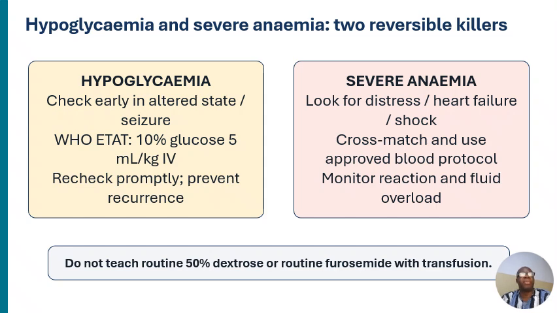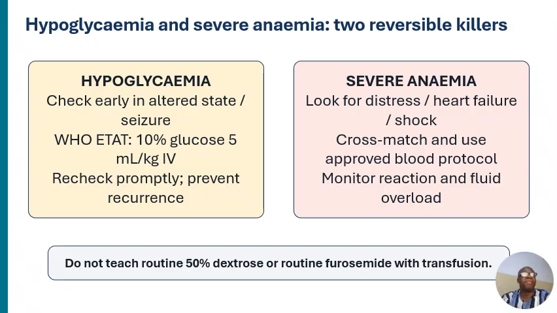Check immediately, okay, and use 10% glucose at 5 ml per kg intravenously, where applicable. Please recheck promptly and provide ongoing glucose or feeding to prevent rebound hypoglycemia and recurrence. Avoid routine use of undiluted 50% dextrose in children because of dosing error and tissue injury that is likely to happen.